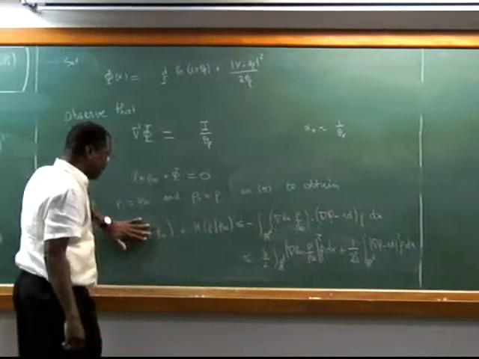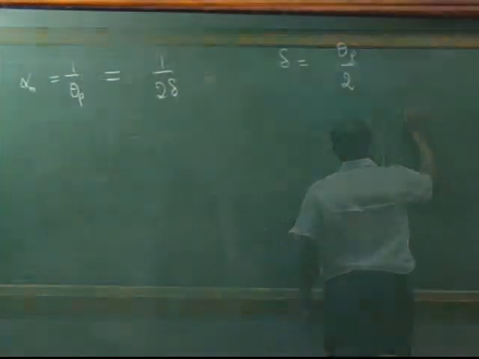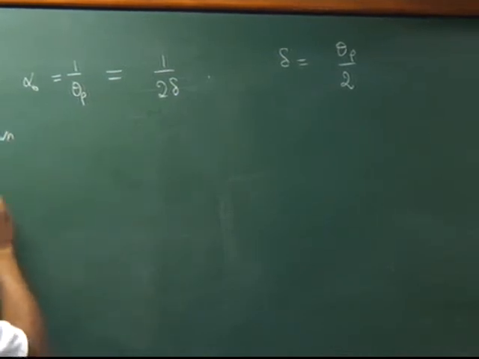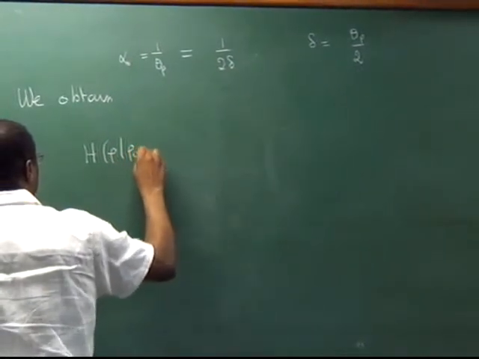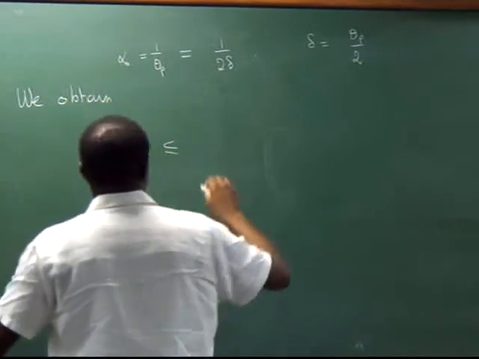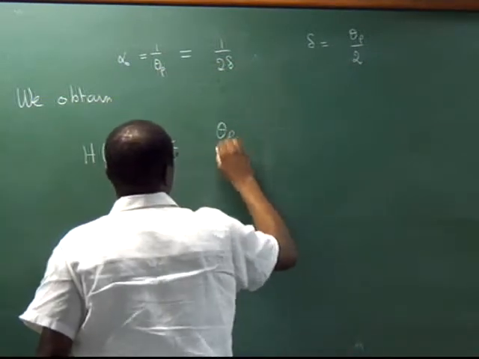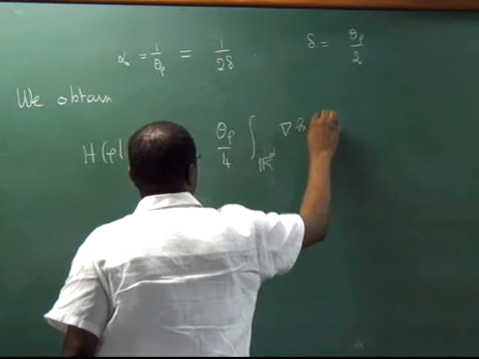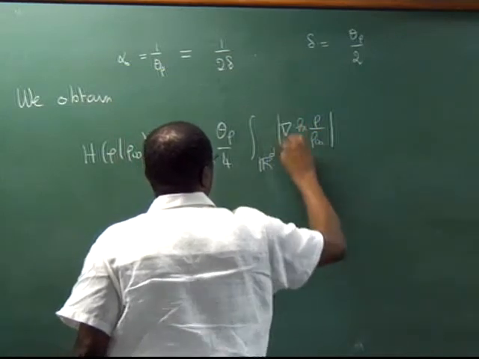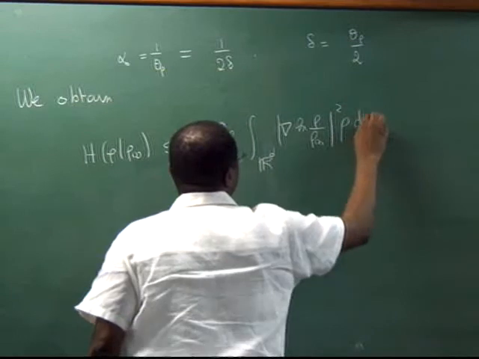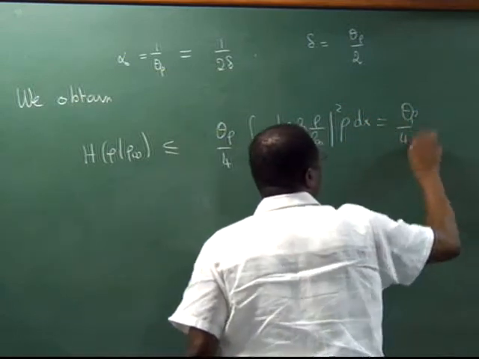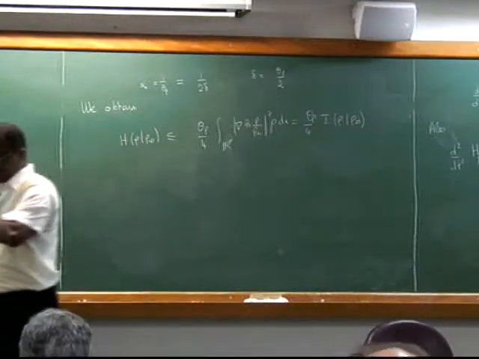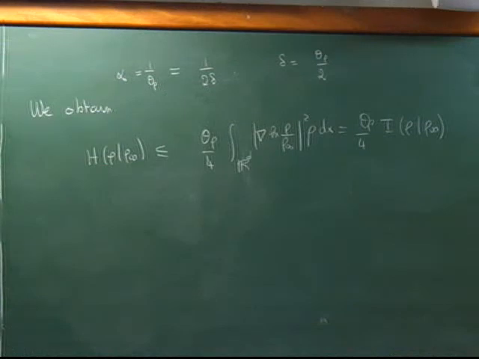It will cancel out that term. And so we obtain h of rho, knowing rho infinity, is less than delta over 2, which is theta rho over 4, the integral over R^d of the gradient of the log of rho over rho infinity squared, rho dx, which is theta rho over 4 times the Fisher information of rho with respect to rho infinity. And that proves the claim.